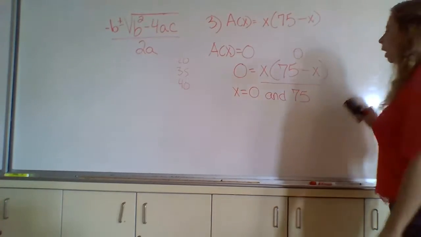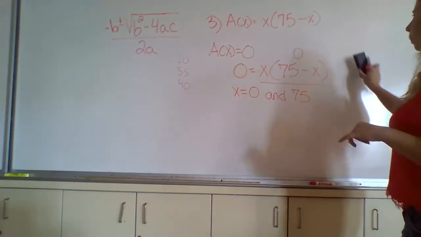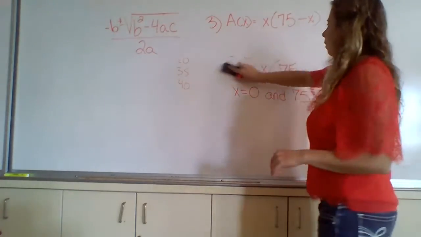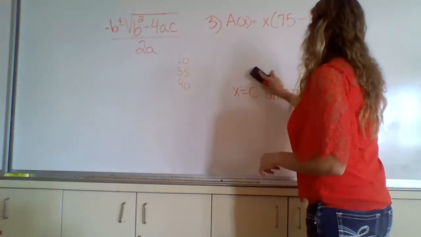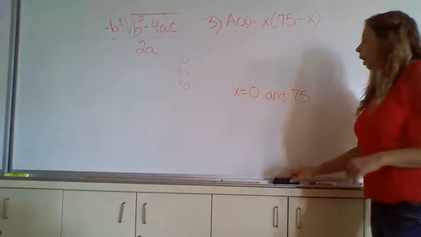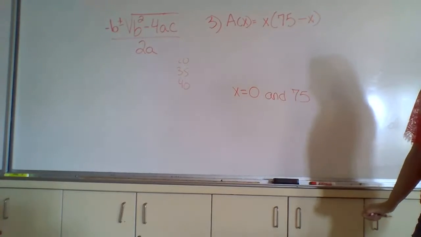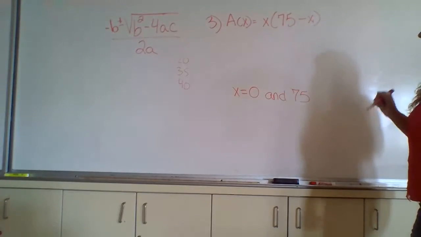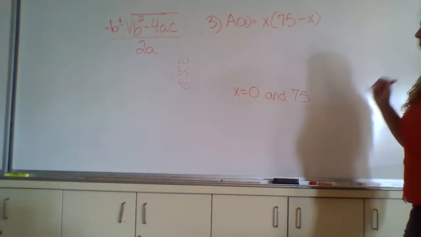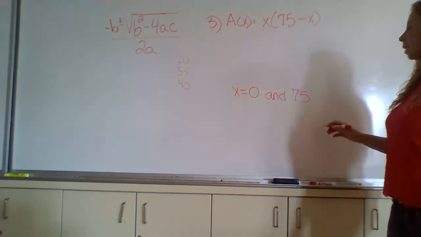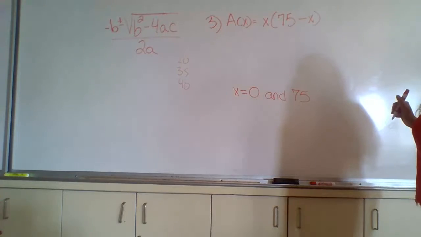Yes, for D. For E, I'm going to erase this. I'll leave my x-intercepts up. E wants you to find the maximum value. Okay, so that means that you have to remember you're dealing with quadratics, so your maximum is going to be your vertex.